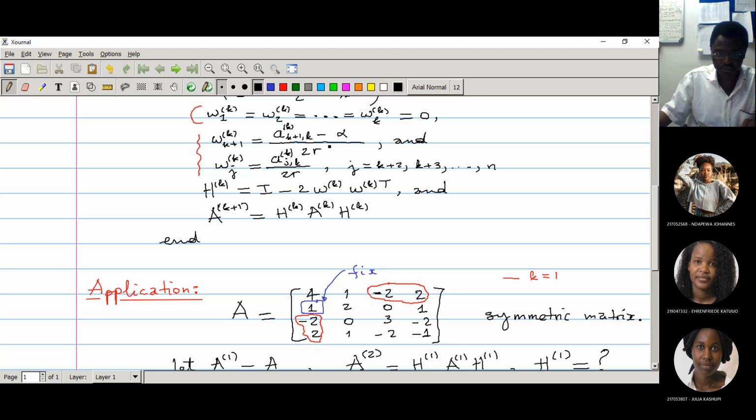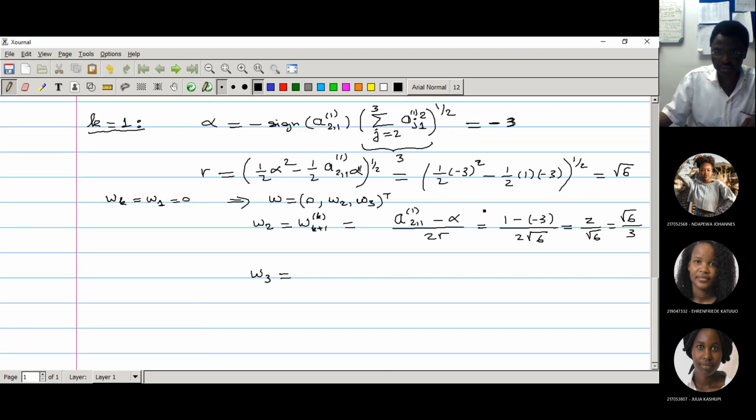You can remember it, you just remove the alpha and you get the result. So if you remove this alpha, you see that it's 1 by 2 square root of 6. And what is that? It will be square root of 6 by what? What did I say? I say we remove that.